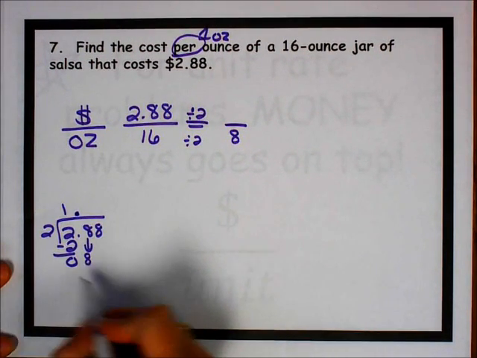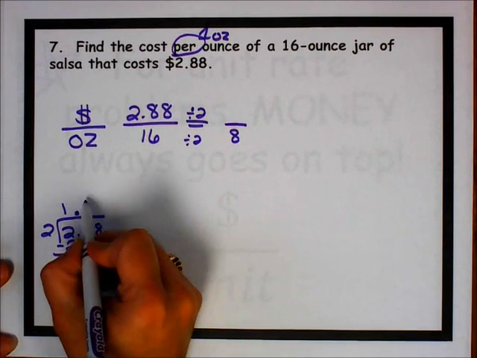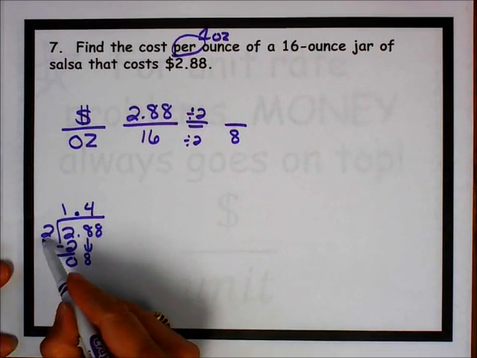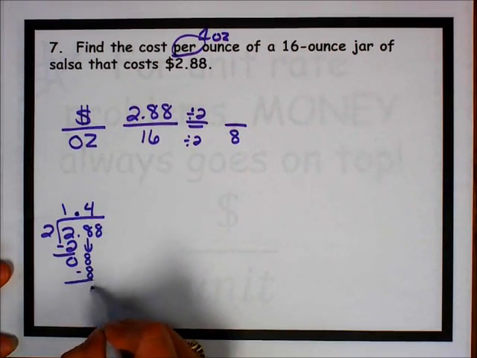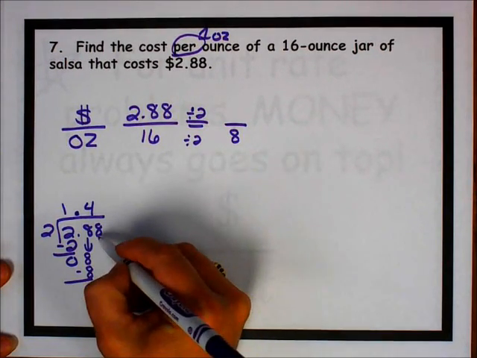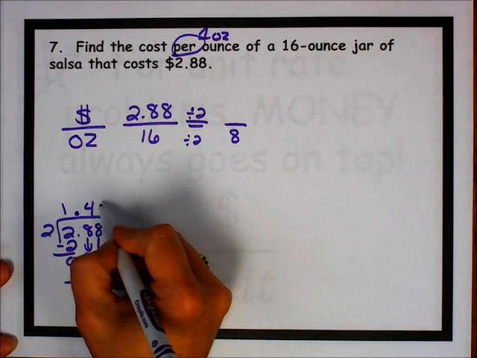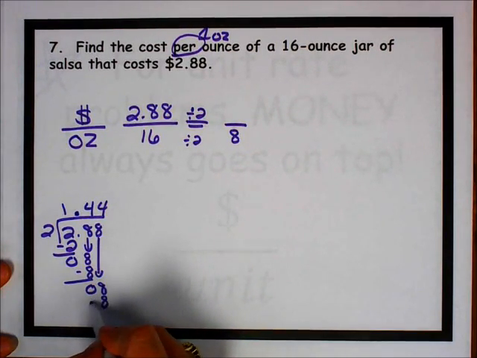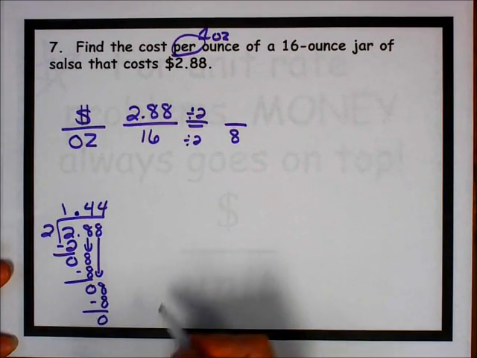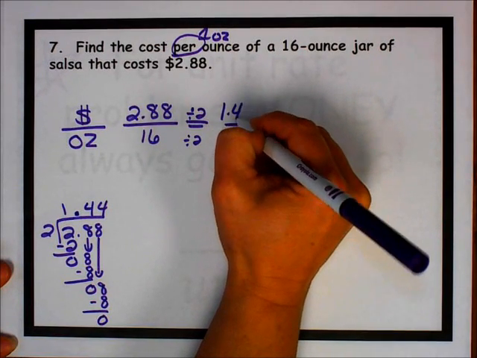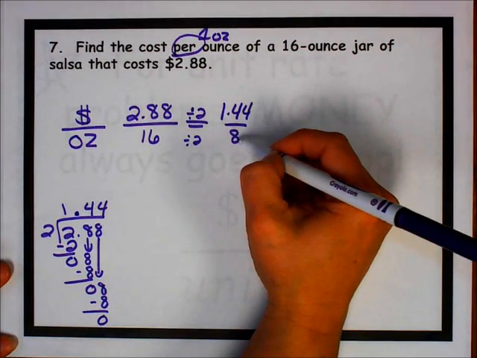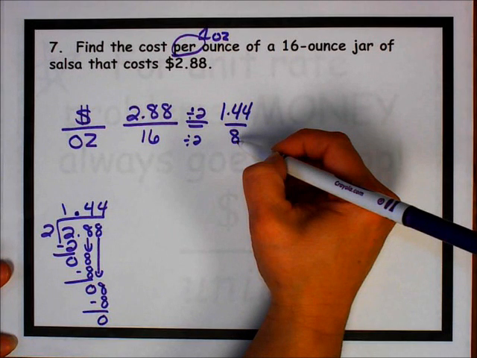Bring down the 8. 2 divides into 8 4 times. 4 times 2 is 8 with 0 left over. Bring down my 8. 2 divides into 8 4 times. That's 8 with none left over. So my equivalent ratio is $1.44 to 8 ounces.